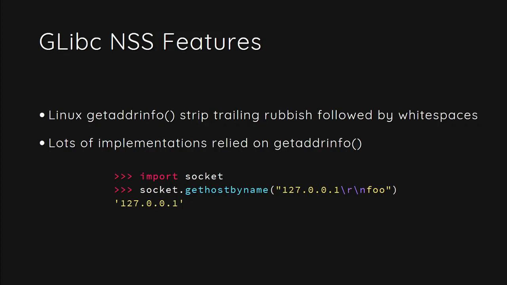For example, the function gethostbyname in Python's socket module relies on Linux getaddrinfo. So the CRLF FOO in the domain name will be removed. This makes it possible to do more complex attacks based on the polluted domain name.